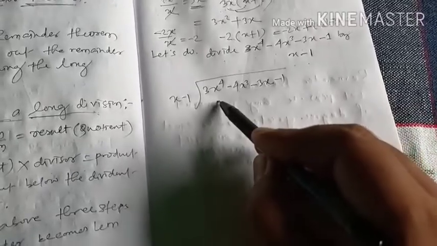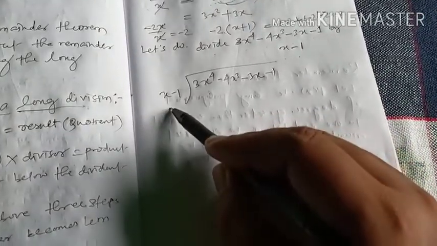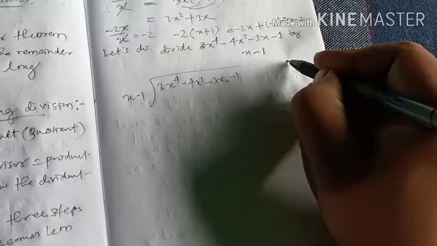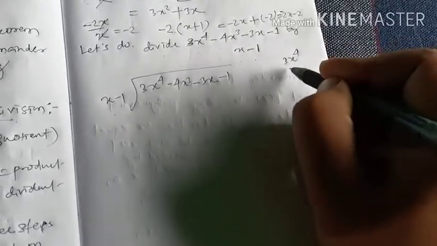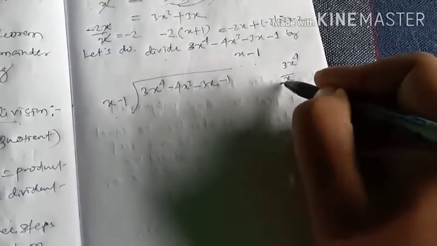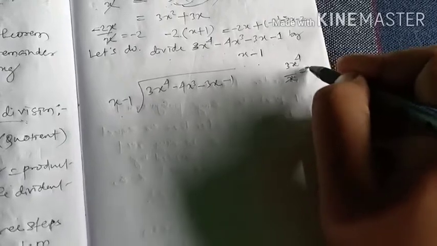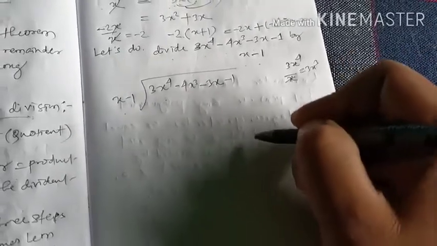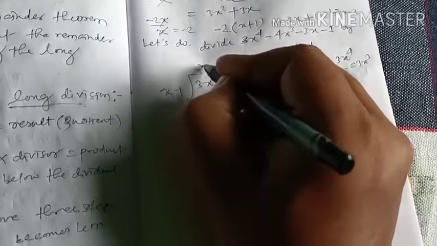We will repeat the same step: divide the first term of the dividend by the first term of the divisor, that is 3x fourth by x. The x will be cancelled, so we will get 3x cube. We will write 3x cube in the quotient part.